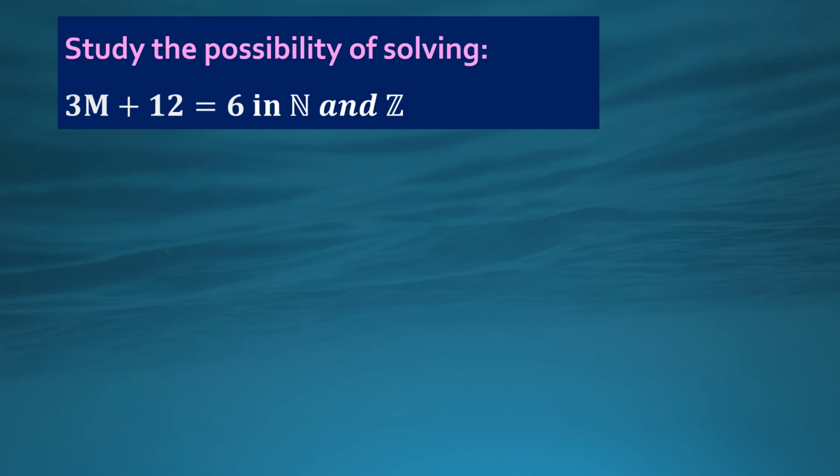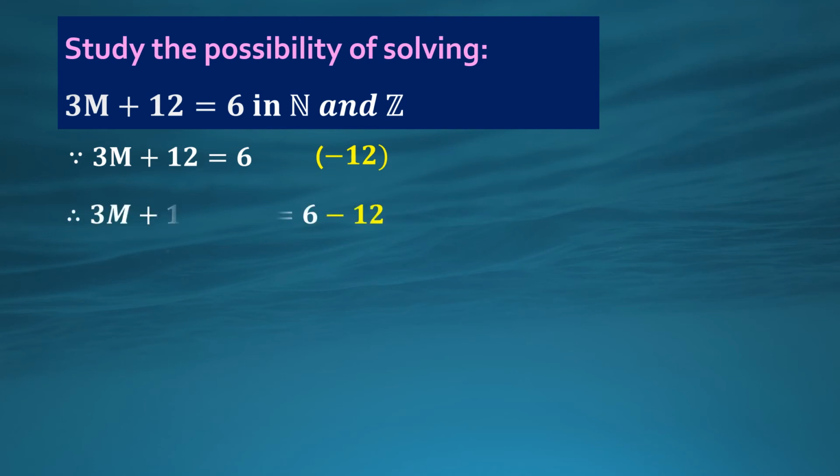Now study the possibility of solving 3m plus 12 equals 6 in N and Z. Since 3m plus 12 equals 6, by adding negative 12 to both sides, then 3m plus 12 minus 12 equals 6 minus 12.